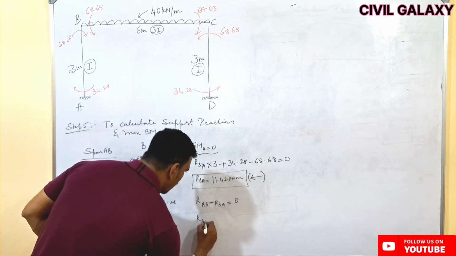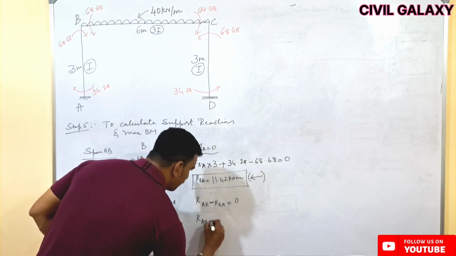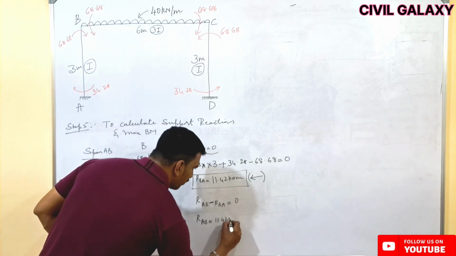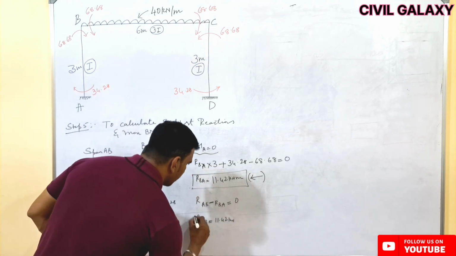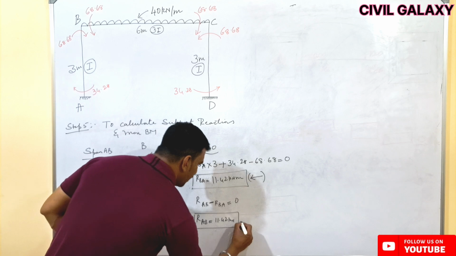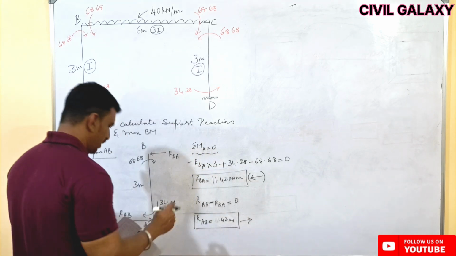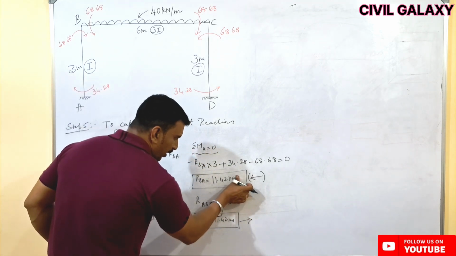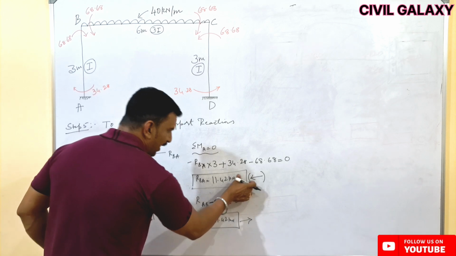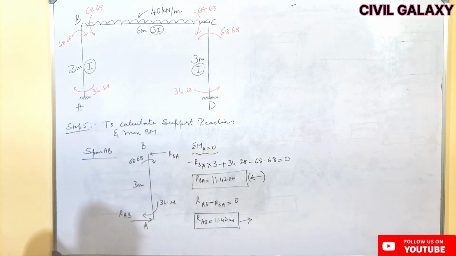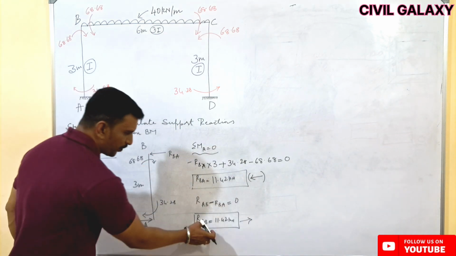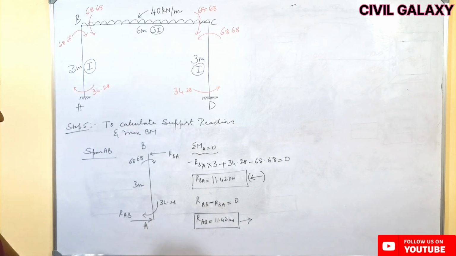So RAB will also be equal to 11.42 kilonewton, which is in the right side direction. Sorry, it is not kilonewton meter, it is only kilonewton, since it is a reaction. 11.42 kilonewton here, and 11.42 kilonewton here.